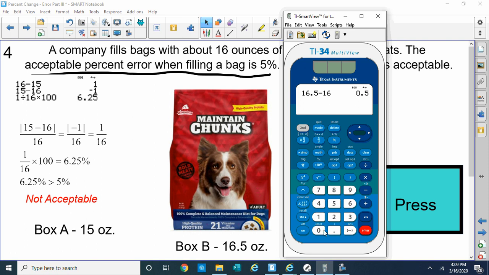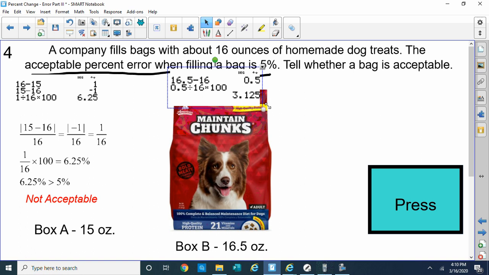Now we're going to take 0.5 and divide that by the original amount that they want, the actual amount that they want, which is 16. So they want 16 ounces. And remember, we got to multiply that by our magic number, which is 100. So we can change that to a percent. And that'll give us 3.125%. And that we'll put over here.